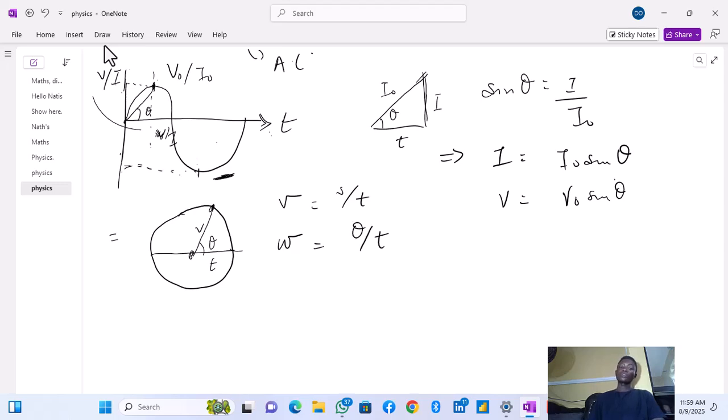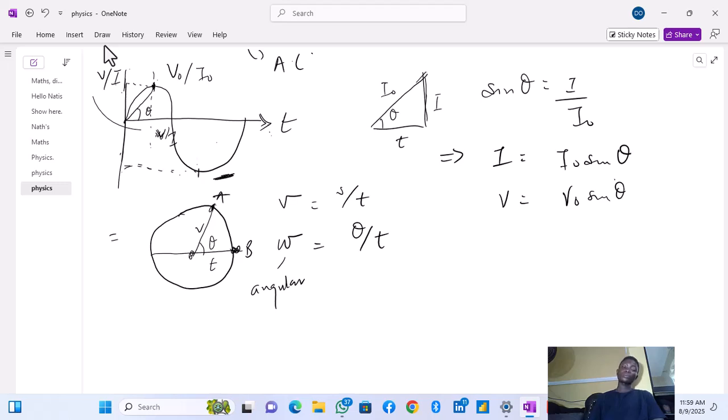Because this is angular, we are talking about angle. So looking at this electron, let's say it moves from here to this equilibrium position. So it has turned through a particular angle theta. So the velocity of that electron from this junction A to this junction B, we call it omega, angular velocity. It's the angle that you have turned through per time.